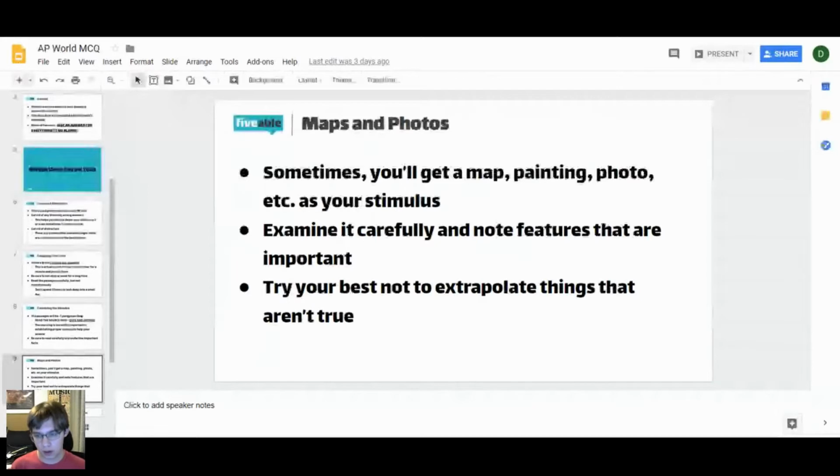Note, oh, this person's bowing down. Oh, they painted this because of this. But also try your best not to extrapolate things that aren't true. Just because there's a rose bush in the background of a small painting, that doesn't mean something grand and huge. They're not going to ask about something tiny. They're going to ask about the source specifically and the meat of it.